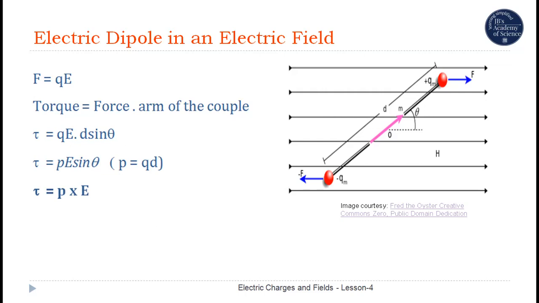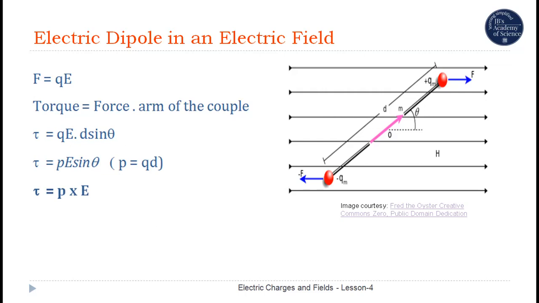So these two forces will produce a turning effect. These two forces acting at two different points will produce a torque, and torque due to this couple of forces is equal to the product of any one of the forces into the arm of the couple. What is the arm of the couple?